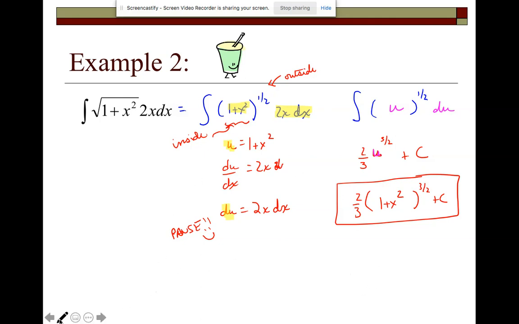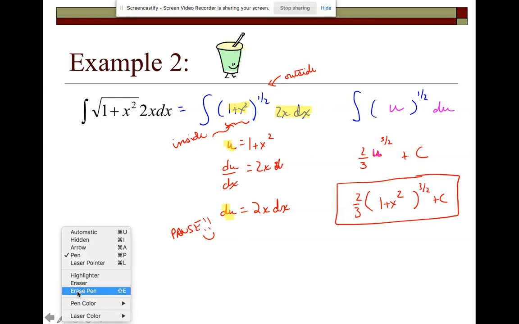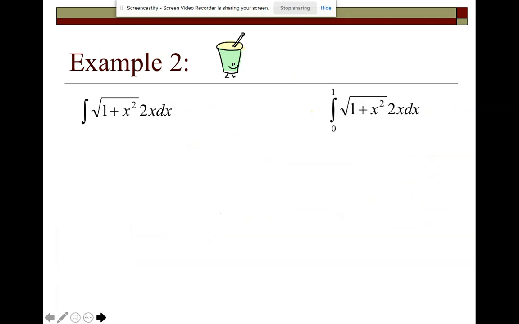Now I'm going to erase this and do the same problem, but with a definite integral. So to do the definite integral, my first steps are the same. I ignore the limits of integration. I identify my inside. So that is u to the 1/2. du was 2x multiplied by dx.